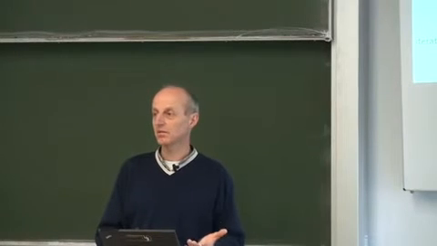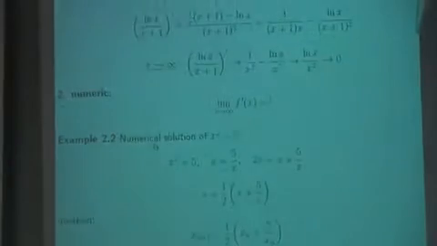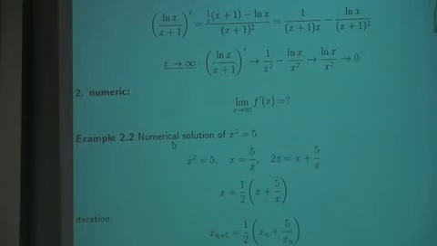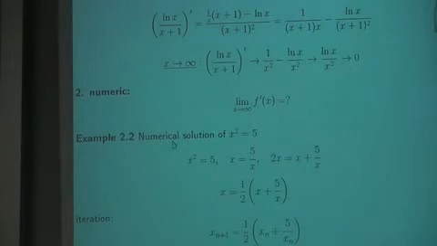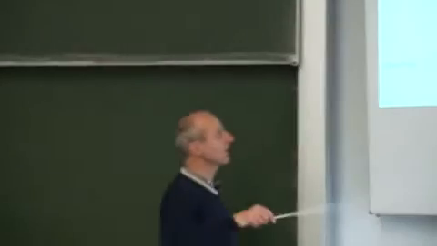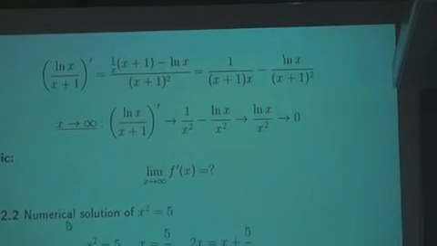Or maybe you don't understand my question. We want to know the behavior of this expression for x towards infinity. So that means we could use a very large number. We could replace x by 1 million, and then look at the value.